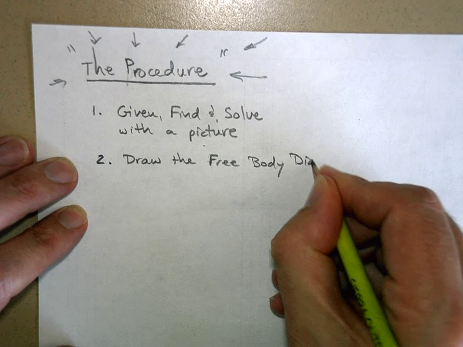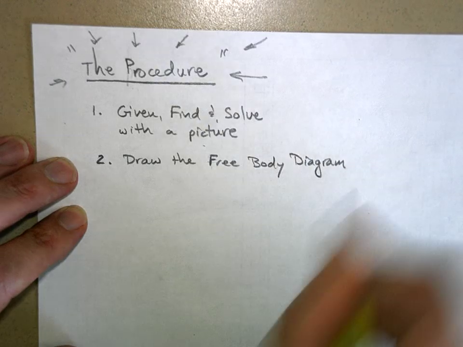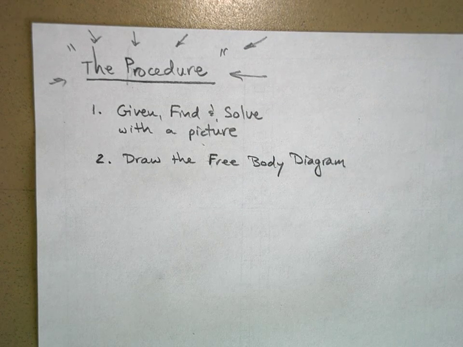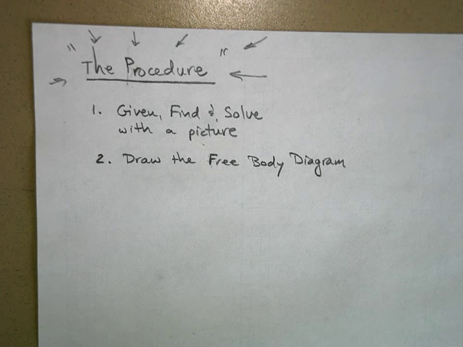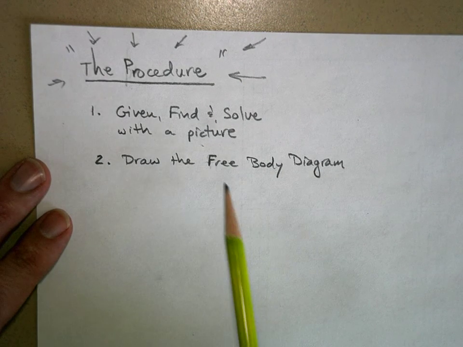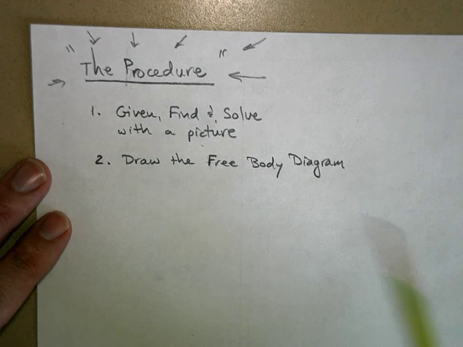Based on what they're asking for in the problem, you're going to have an object, and you're going to want to look at the forces that are acting on that object, because really what you want is the acceleration of the object, or you want to know what's going on with the forces that are creating that acceleration. So you have to pick that object of interest and draw the free body diagram.